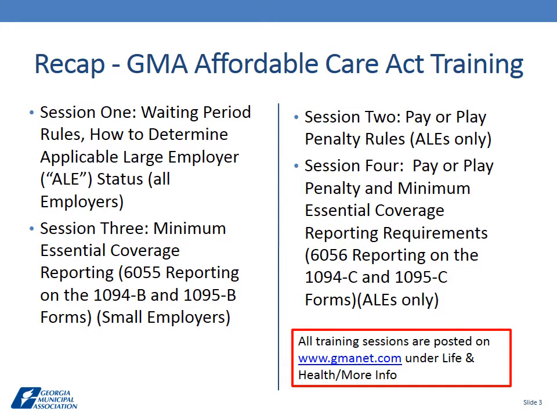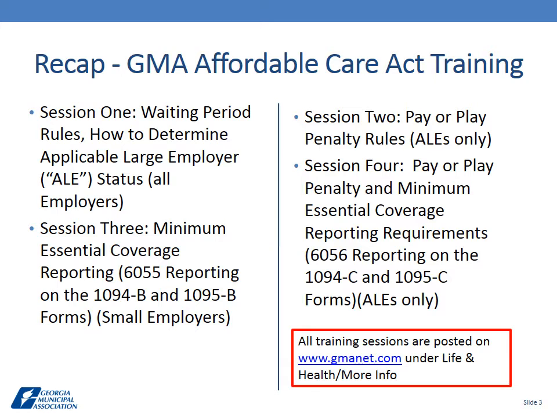A quick recap of all training sessions available on our GMA website. Session 1 was waiting period rules and how to determine applicable large employer, ALE, status. All participating employers that offer the GMEB's health coverage are strongly encouraged to review that Session 1. This Session 3 is the minimum essential coverage reporting, 6055 reporting on the 1094 and 1095-B forms.